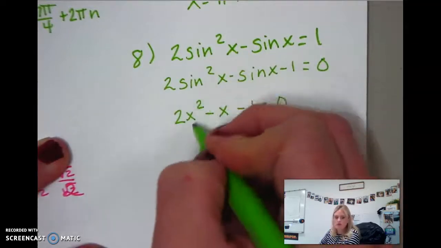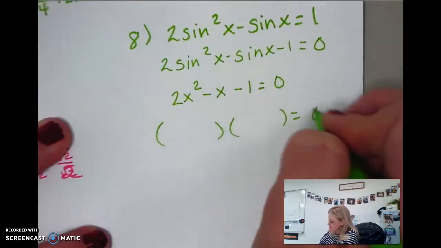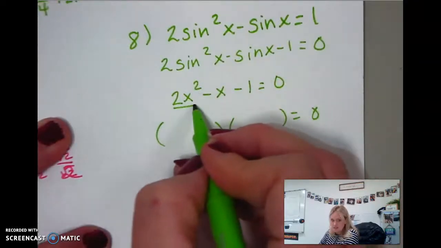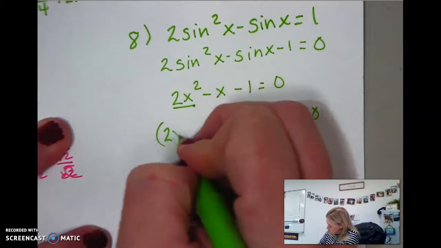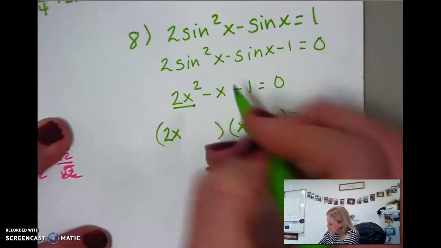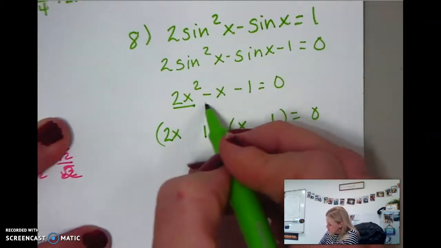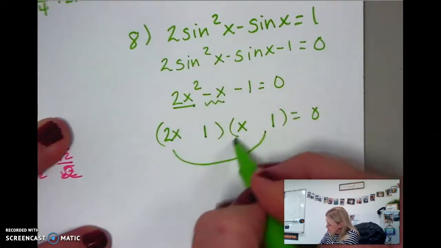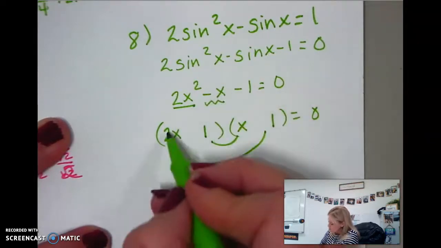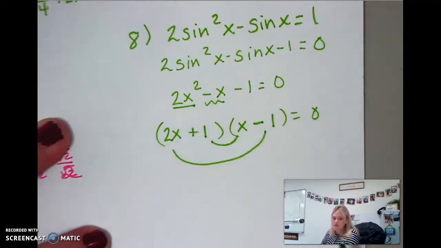Just remember the squared belongs with the x. And now what times what gives me 2x squared? 2x times x. What times what gives me a -1? Well, I need a +1 and a -1. However, I need my outer and my inner to add up to a -1. So I need this to be a -2 and this to be a +1.